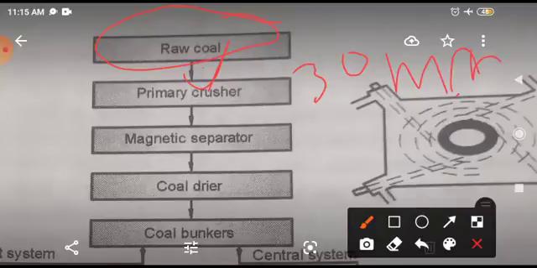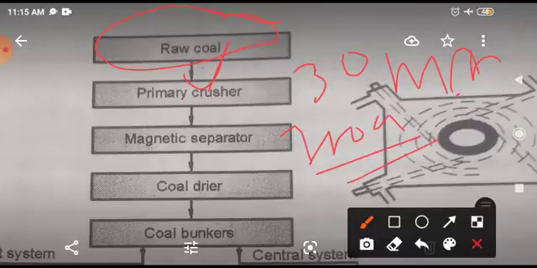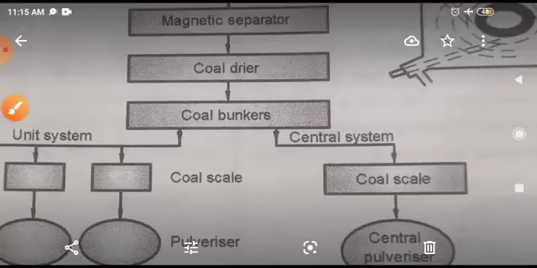Then the magnetic separator removes the iron impurity from that coal. Then the coal dryer. As coal may contain some moisture, a coal dryer is used to remove that moisture, and then it is fed to the coal bunkers.